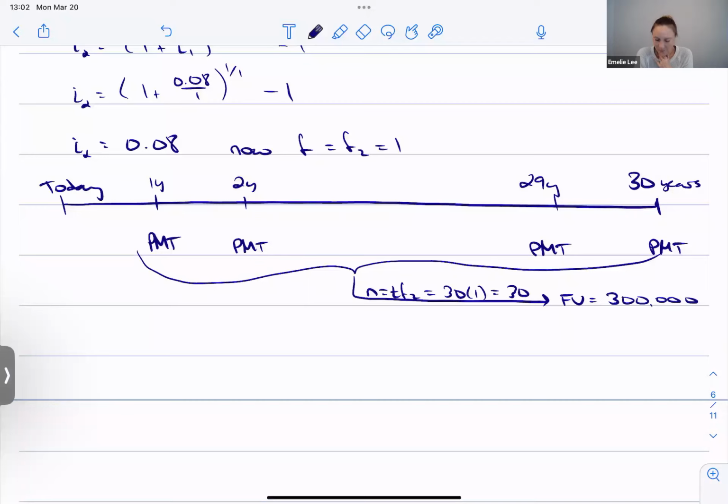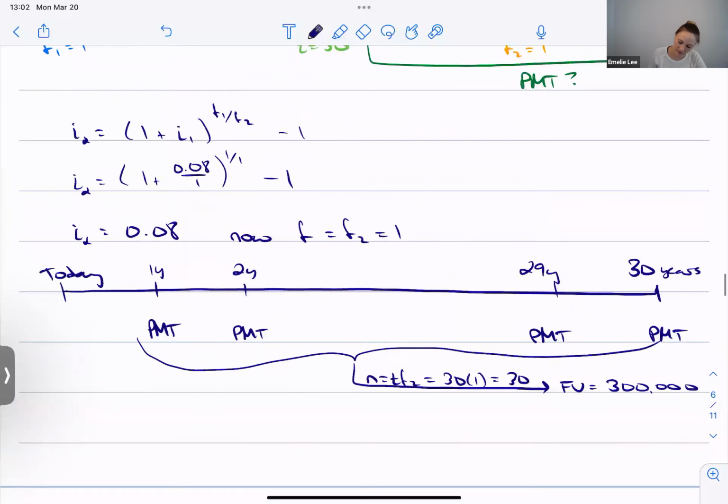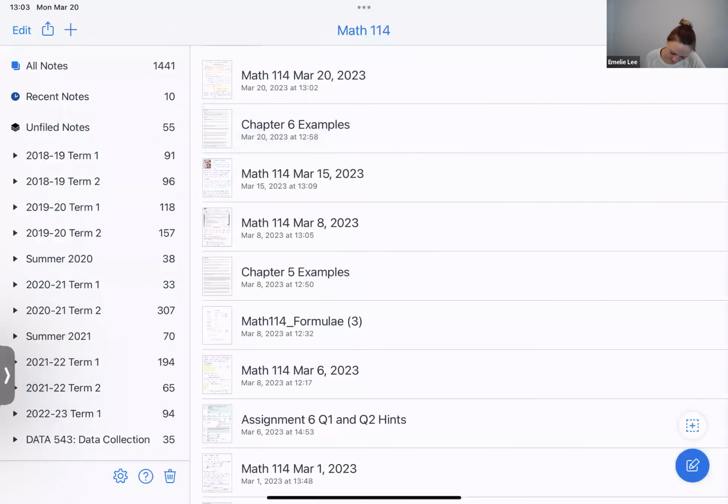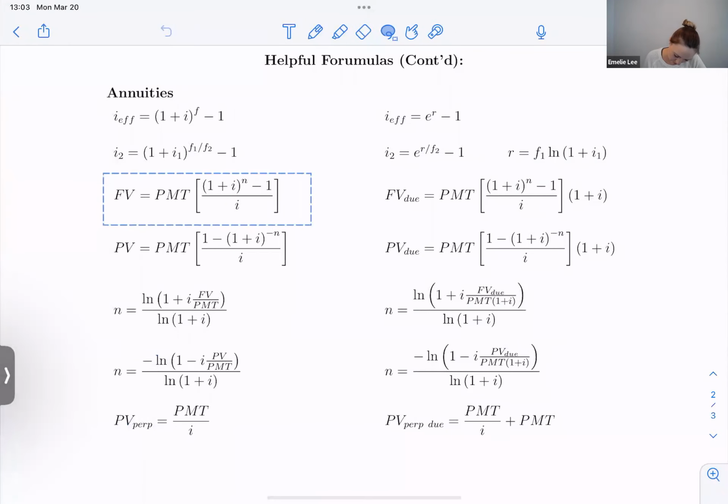So I have a future value, so I'm going to use that future value formula. From here, I'm going to plug everything in and solve for the PMT, because that's what I'm looking for. We'll just grab it fresh, copy.